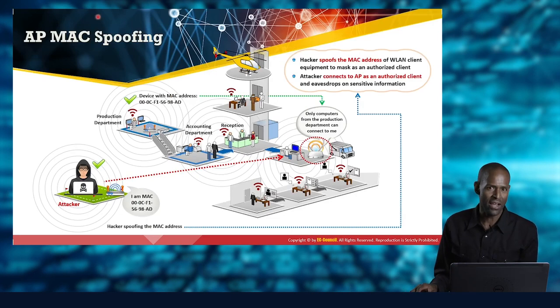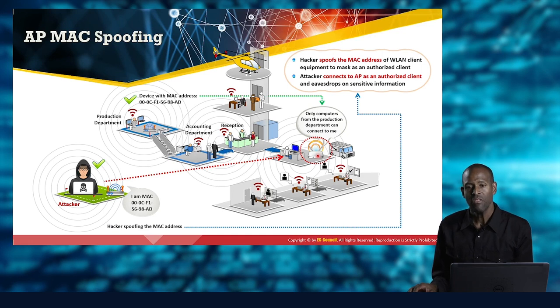Another type of attack is an AP MAC address spoofing attack. With the AP MAC address spoofing attack, the attacker will do a little bit of sniffing and find the MAC address of the Wi-Fi device that everybody's using. Then he will change his MAC address and SSID to the same MAC address and the same SSID.